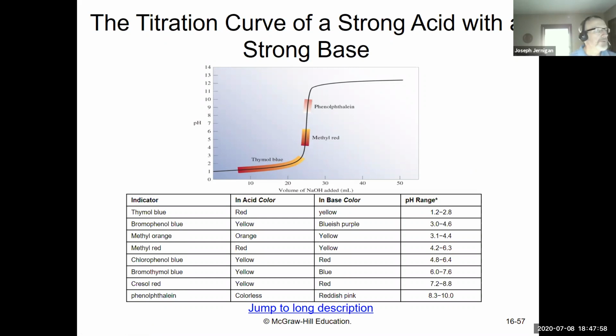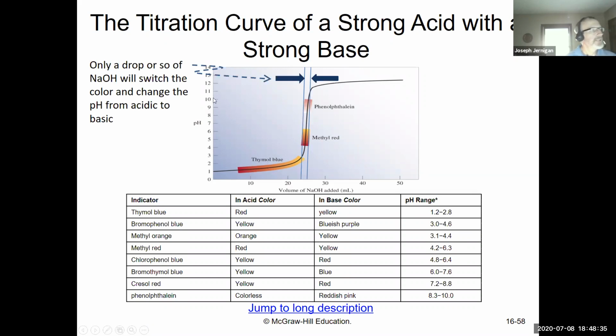So methyl red has a pH range that falls within the steep part of this slope. And therefore its pH change range is consistent with being able to accurately identify the endpoint of this particular titration. The same thing for phenolphthalein. The phenolphthalein goes from white to red within the steep rising part of the titration curve. So methyl red and phenolphthalein would work, thymol blue will not, okay?